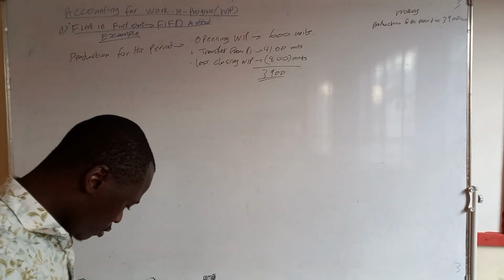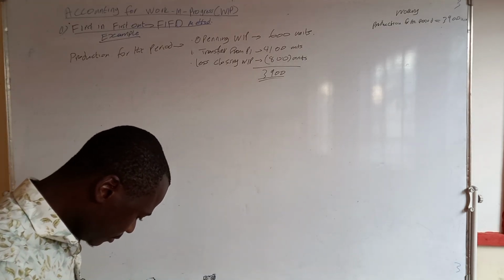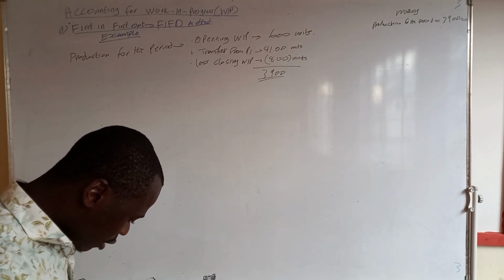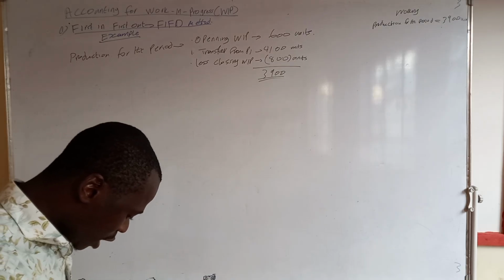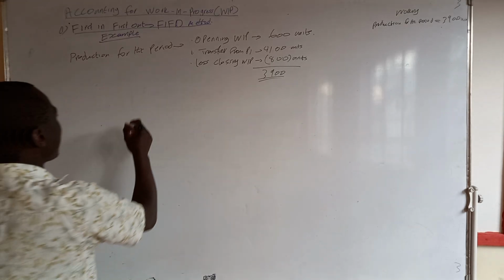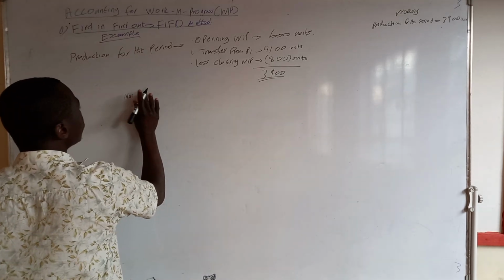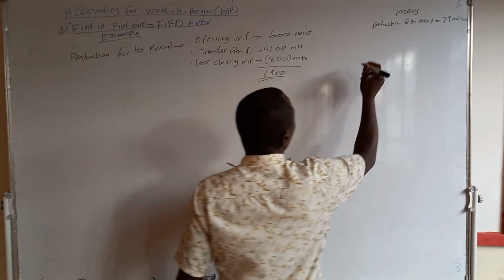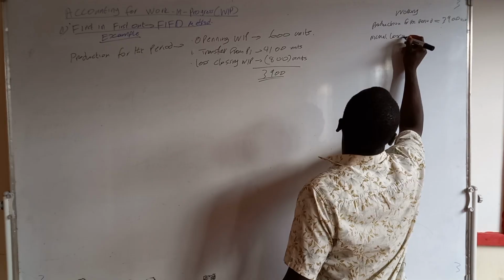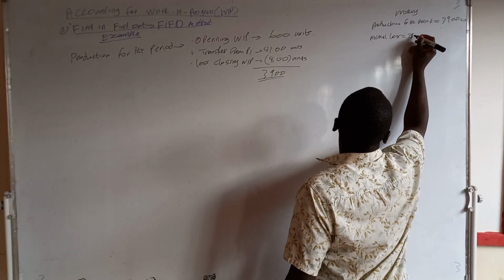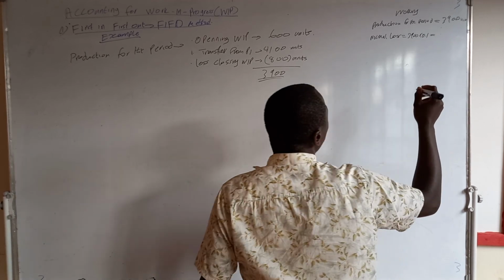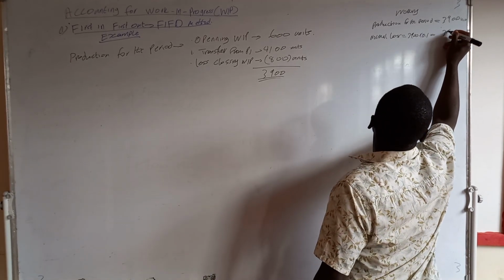What were we told about that loss? The normal loss is 10% of production. Let's put 10% of this one. 3,900 times 0.1 gives us 390.